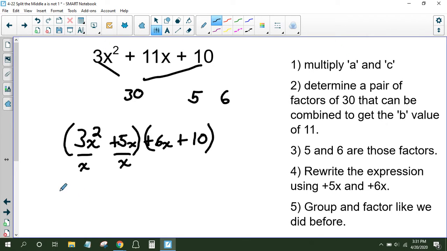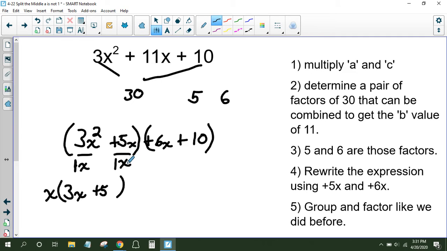So when we pull out that x, factor it out, what goes inside the parentheses? We're going to divide here. Well, 3 divided by, this is like having a 1 here. 3 divided by 1 is 3, and x squared divided by x leaves us with x. The second part, again, we have a 5, and we're dividing it by a 1, which is still 5.